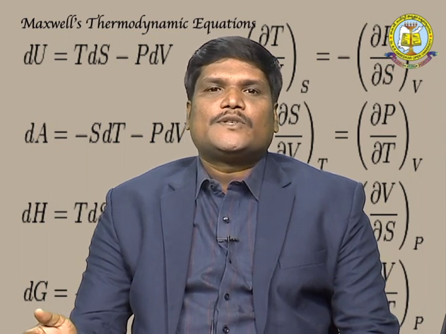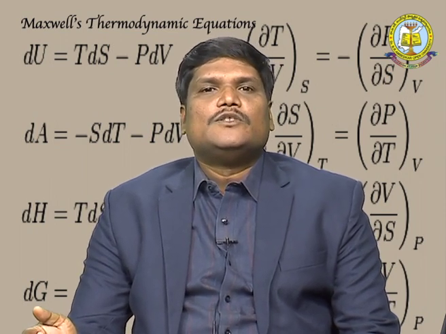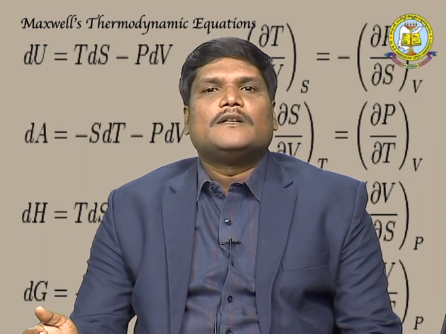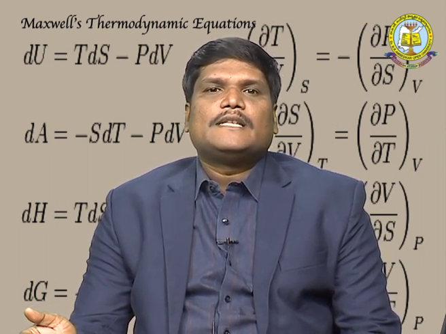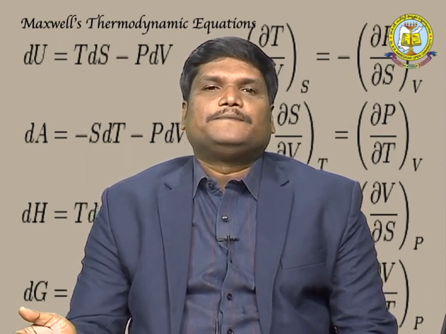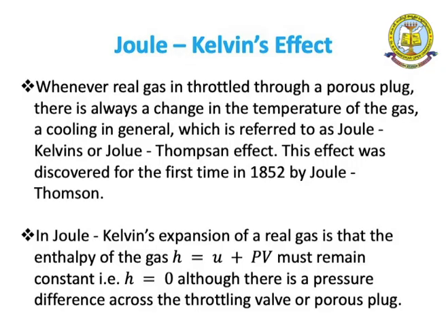Next, another most important essay question is the Joule-Kelvin effect or Joule-Thomson effect, which you can also call throttling. Whenever a real gas is throttled through a porous plug, there is always a change in the temperature of the gas.